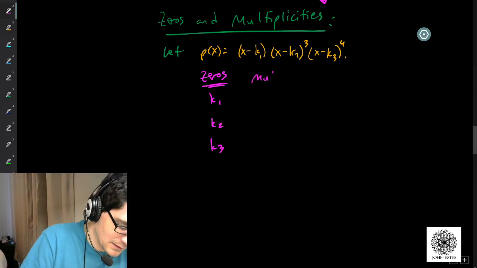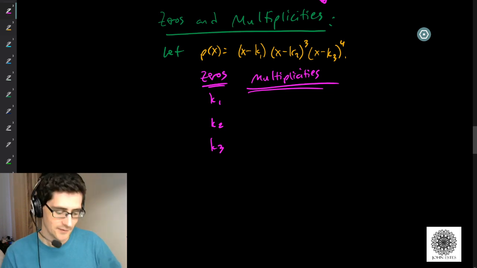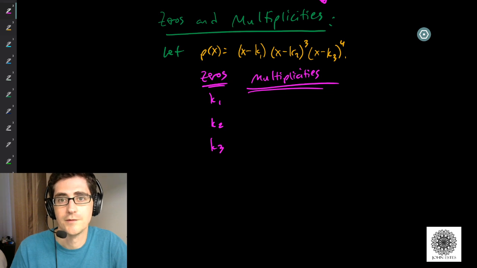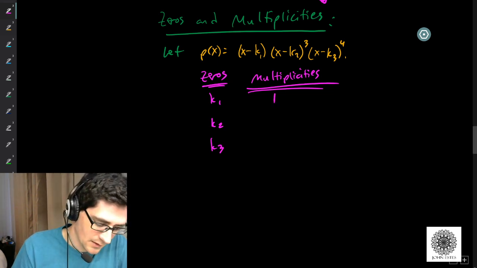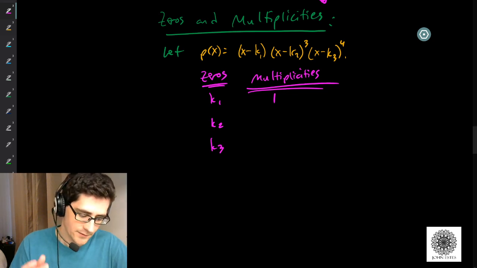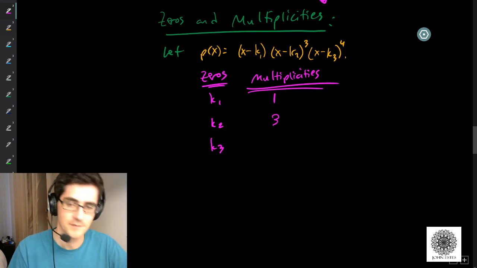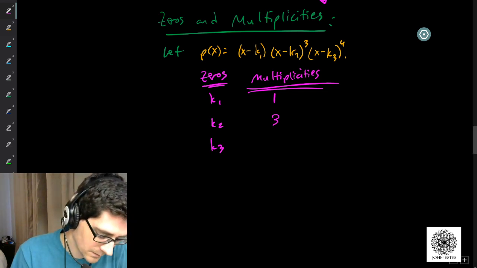Now the multiplicities, what does that mean? The multiplicity is the number of times that factor shows up in the factoring. For example, x minus k1 was a factor to the first power. It was only there once, so its multiplicity is 1. But k2 is a 0 that shows up 3 times, and k3 has a multiplicity of 4.